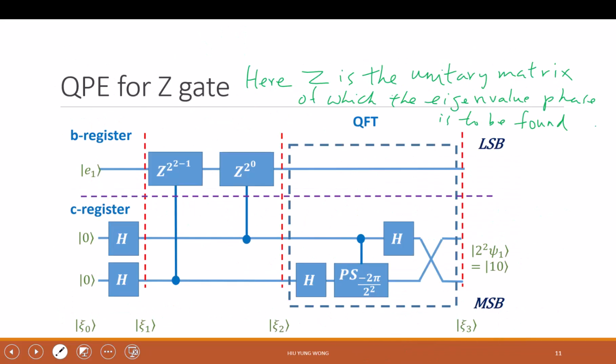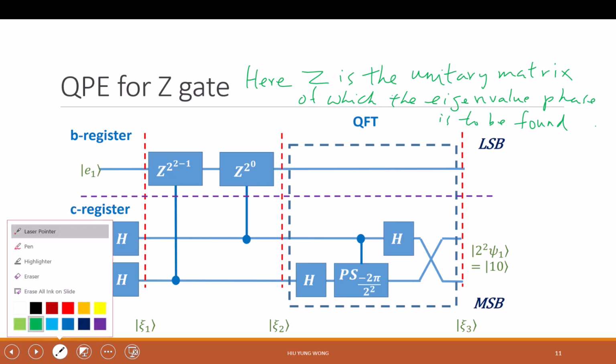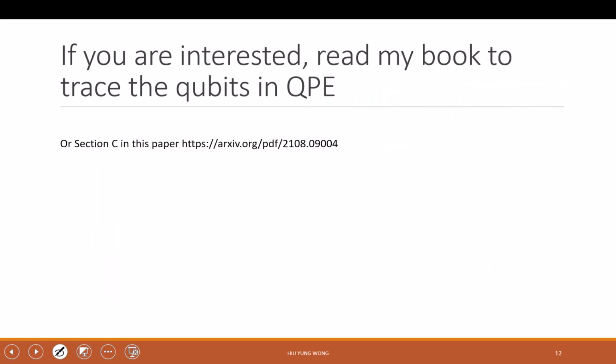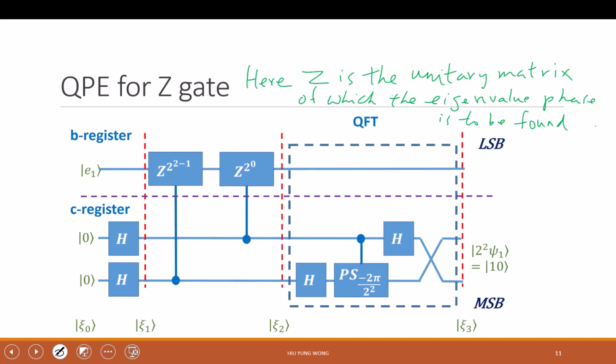Let me show you an example. So what is the eigenvalue of Z gate? Z equal to 1, 0, 0, negative 1, right? So what is the eigenvalue based on definition? 1 and negative 1, because it's diagonal. But this is not what we're trying to find. 1 equal to e to the power i 2 pi times 0.